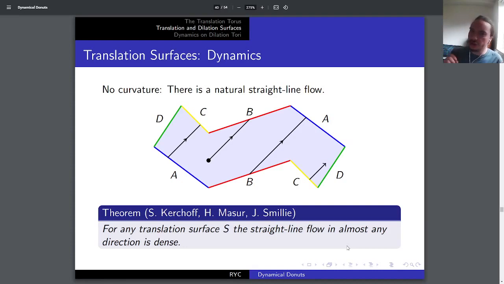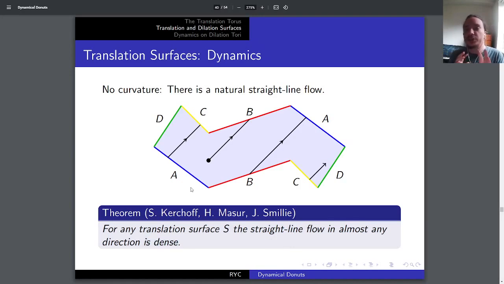So it's not always just going to be the rational slopes, it could be other things, but it will always be like the rational numbers where very, very few of the real numbers are rational. Very, very few of the possible directions will be directions where the flow is not dense.